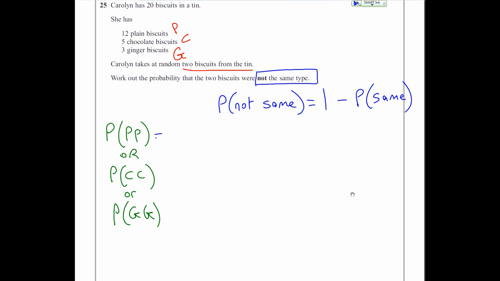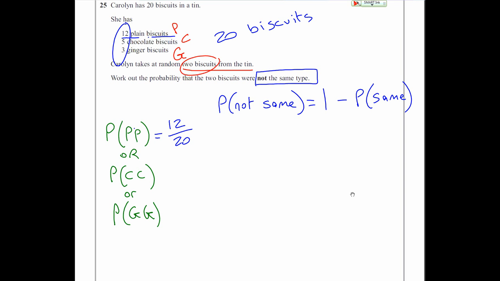So, P and P is going to be the probability of getting P times the probability of getting P again. Now, in total, there are 20 biscuits, so our first probability is out of 20. There's 12 plain to start with, so it's 12 over 20. Now, once you've taken out a plain biscuit, you're not going to put it back again because you're taking 2 out.